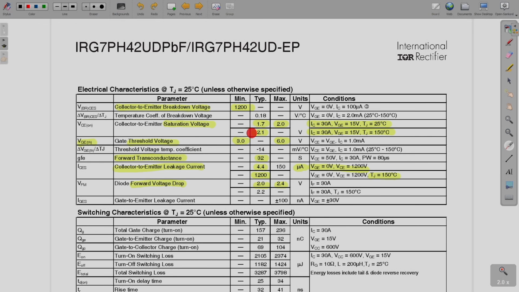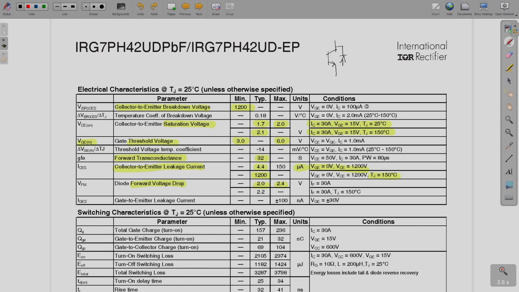So here 2.1 is what you get at 150 degrees C, and here you get 2.2. So this diode voltage drop, what you can see, is greater. So whenever the diode is going to conduct, the drop will be higher, because depending on the direction of the current, it is either your IGBT or the diode that will be conducting.